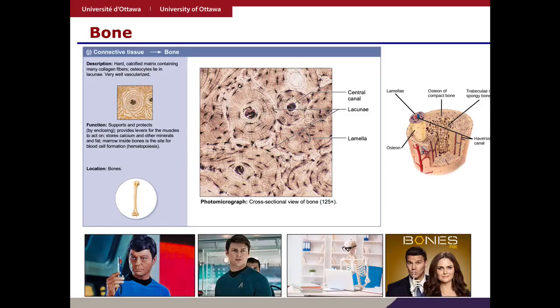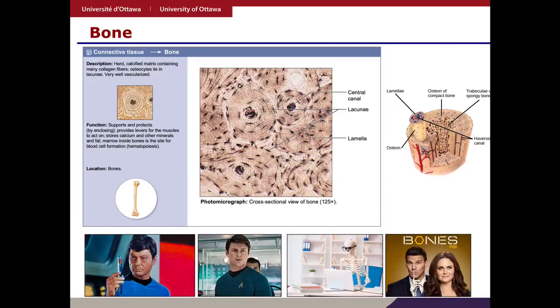Soon after the osteoid is laid down, the inorganic calcium salts are deposited into it to form the hardened material recognized as mineralized bone.